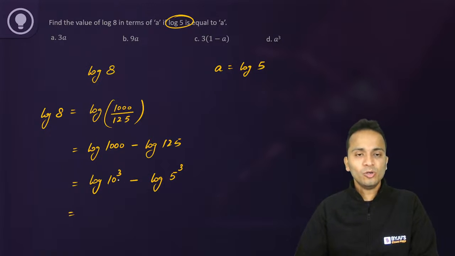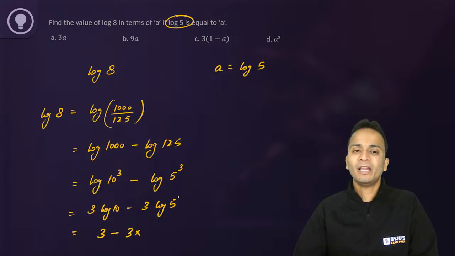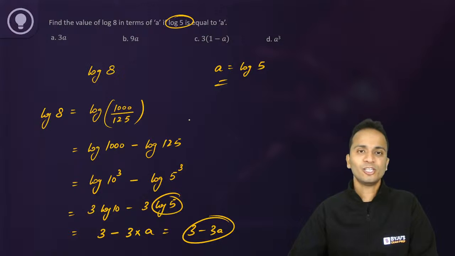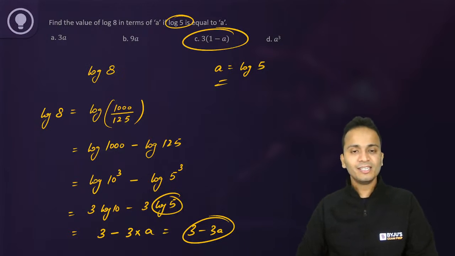So this will become 3 log 10 minus 3 log 5. Log 10 का value 1 होता है, so it will be 3 minus 3 multiplied by log 5 can be written as a. So 3 minus 3a will be the final answer. So 3 minus 3a is among the options, that is option C, and it is the correct answer.